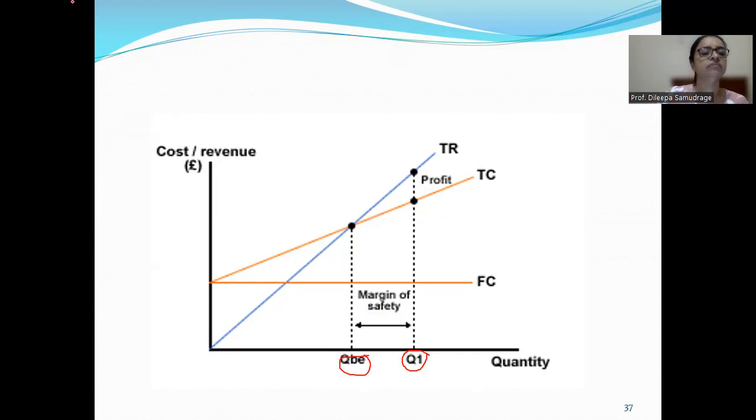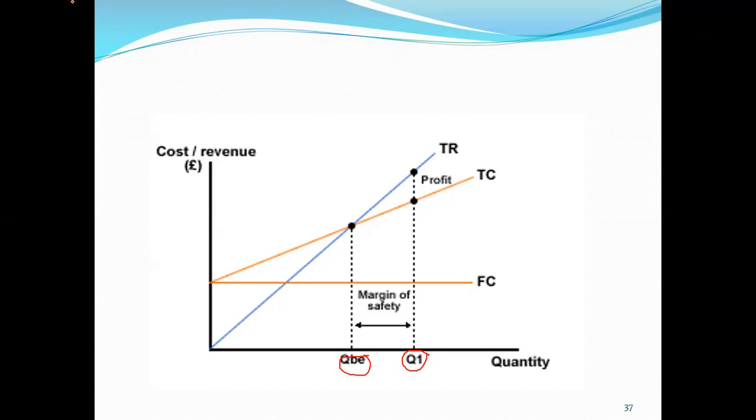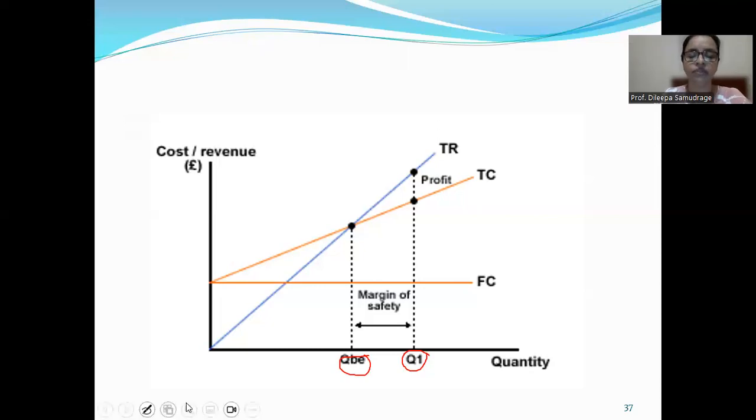So the margin of safety means the gap between break-even sales and expected sales.